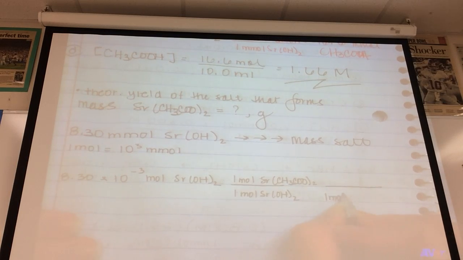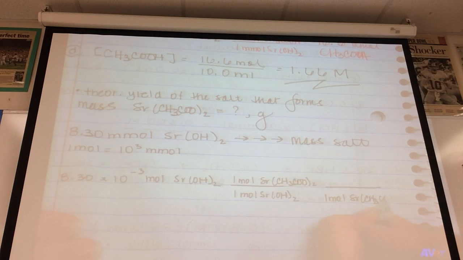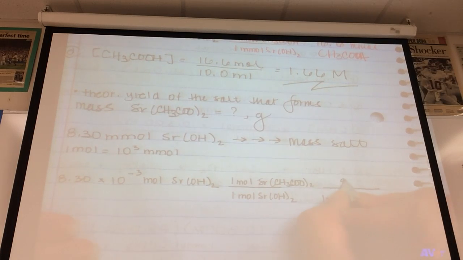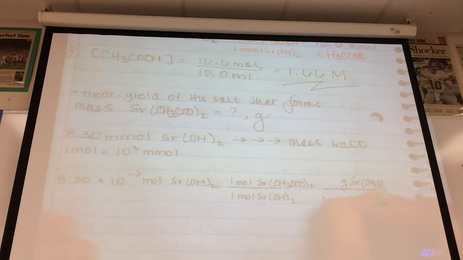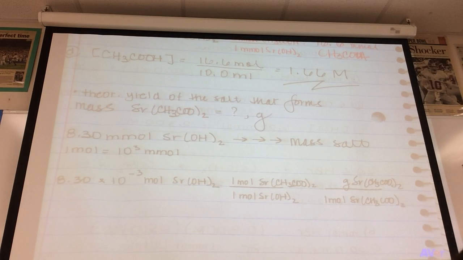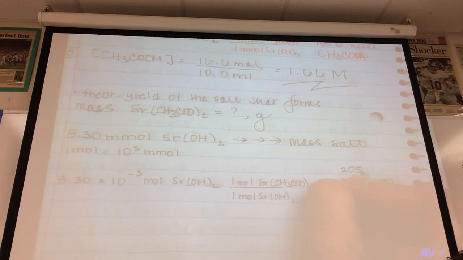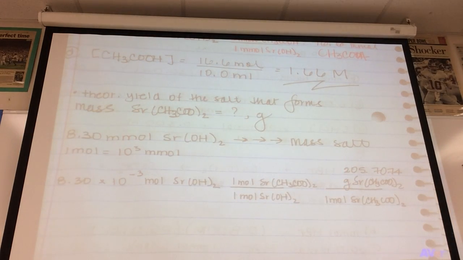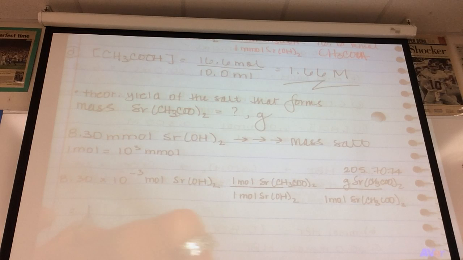For every 1 mole of strontium acetate, I can get the mass in grams from the periodic table. And that makes 1.71 grams of salt.